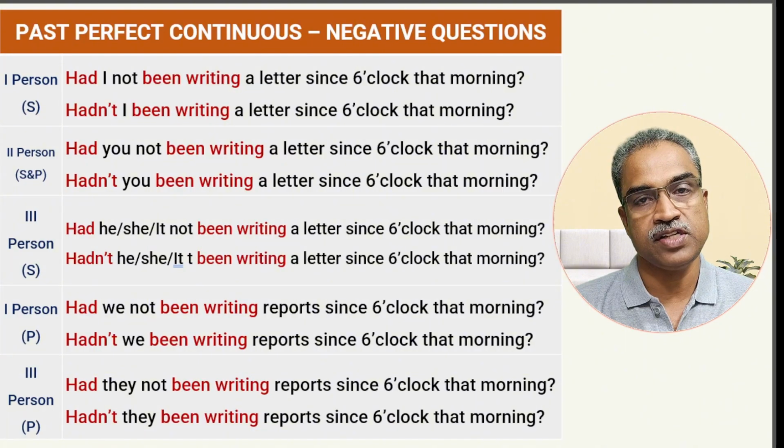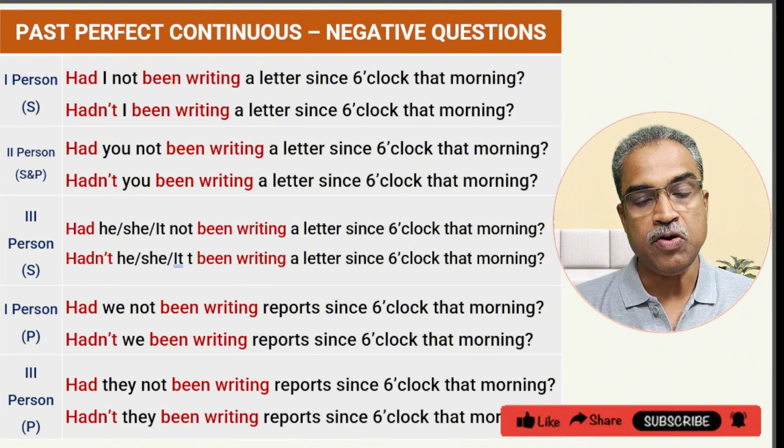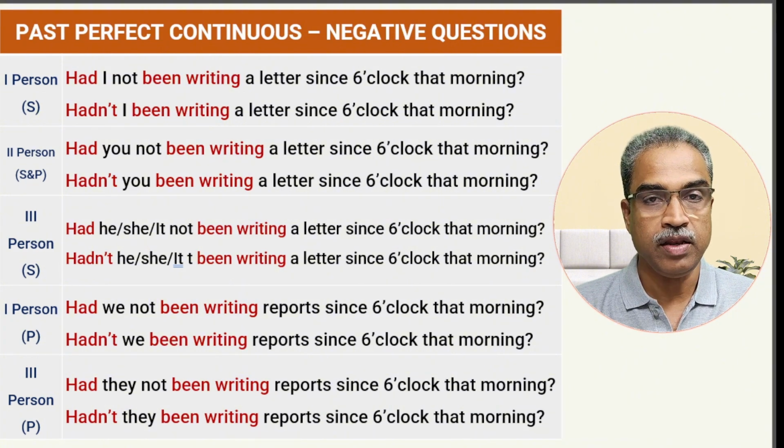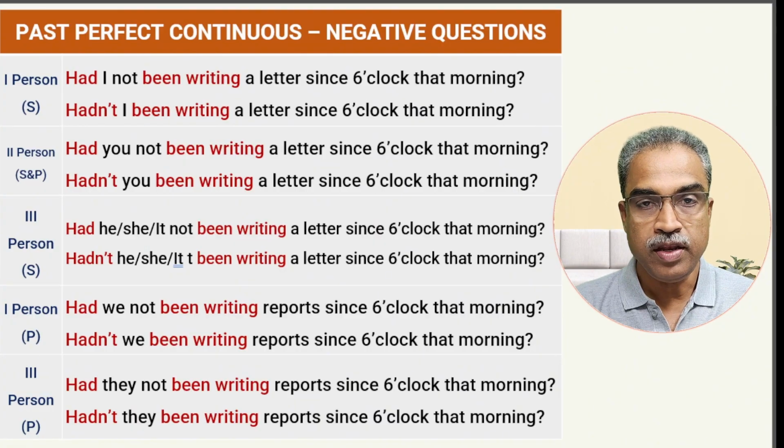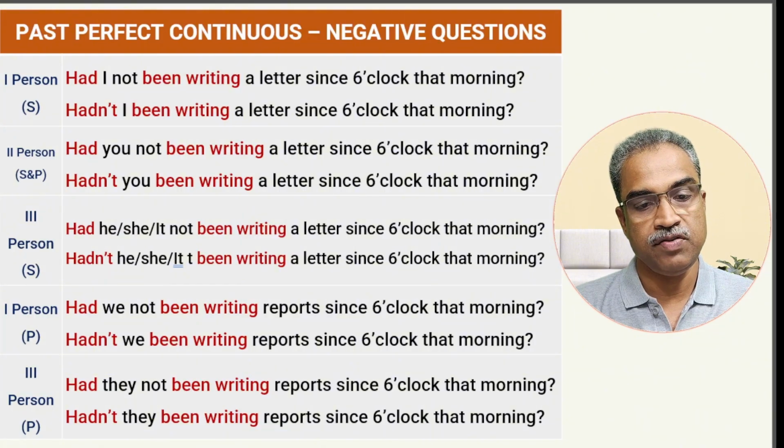In conversational style, we normally use the contracted form. That sounds better, easy. And then the first person plural, we had not been writing reports. Had we not been writing reports? Hadn't we been writing reports?